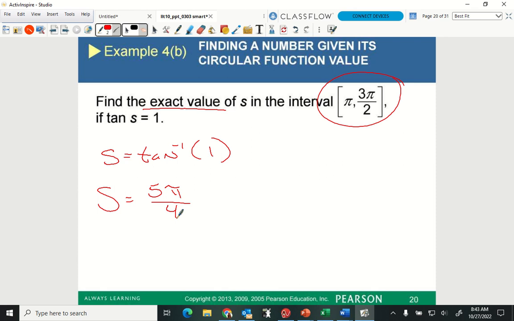Any questions? Are there any other intervals on here like that, where x and y are the same? Yeah, pi over 4 is like that, in quadrant 1. What happens in quadrant 4? What would your tangent down there be?